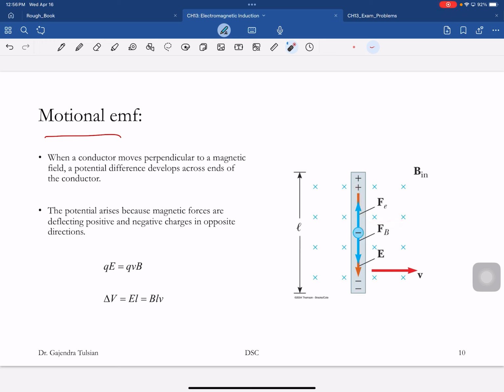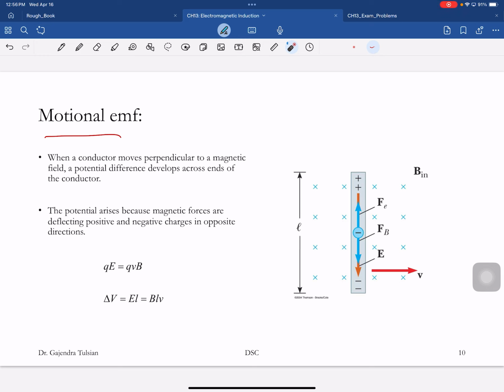So let's say in this room, the magnetic field is in that direction, the Earth's magnetic field. We're going to take a metal wire and move it perpendicular to the magnetic field. Now, if you take this metal wire and move it parallel to the magnetic field, nothing will happen. For maximum effect, you have to move perpendicular to the magnetic field, and that's what we're going to do.